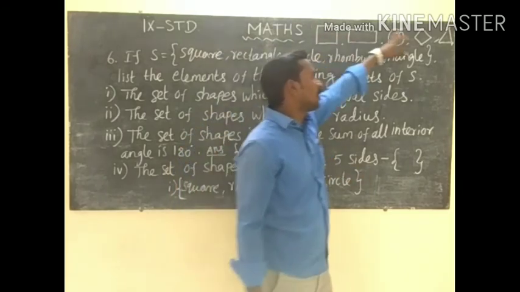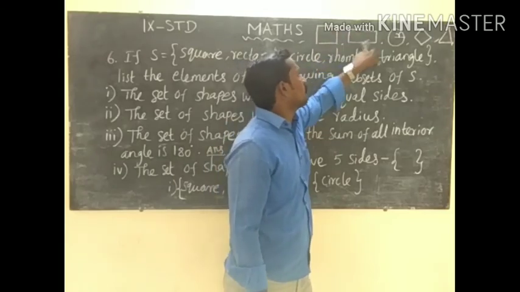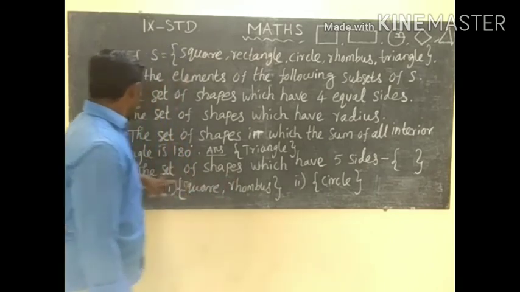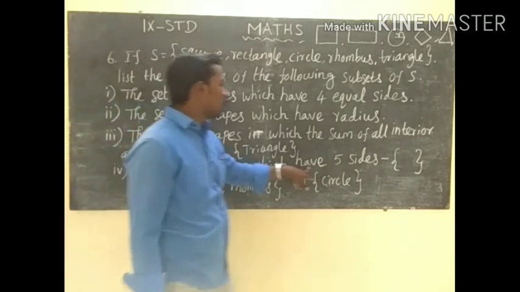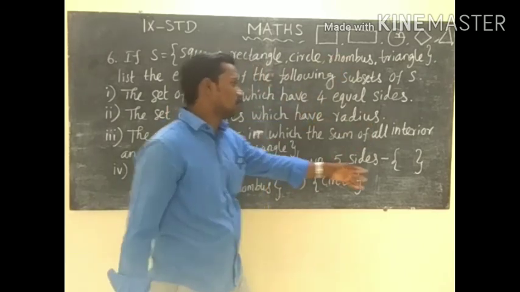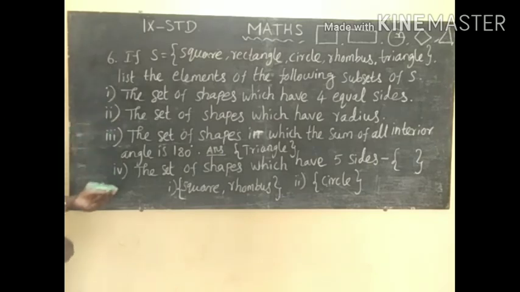The maximum number of sides among the given shapes is only 4. So this is an empty set. Have you understood the sixth question?